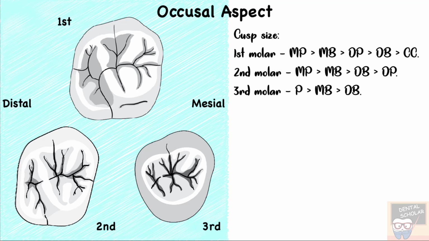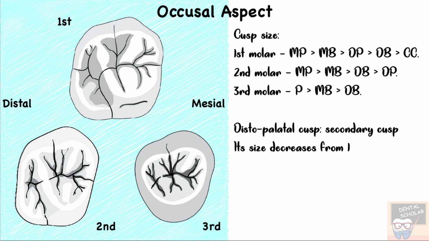Now this is because the distopalatal cusp is the secondary cusp in terms of development, while the remaining three cusps, that is mesiobuccal, distobuccal and mesiopalatal, are primary cusps, and therefore the size of the distopalatal cusp decreases from first to third molar more than the remaining cusps.